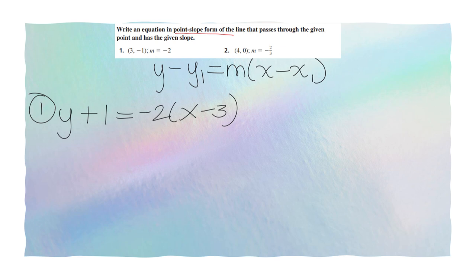What would it be on number 2? Number 2 will be y plus 0. Can we just leave it as y? Because 0 is already what? It doesn't give us anything, right?